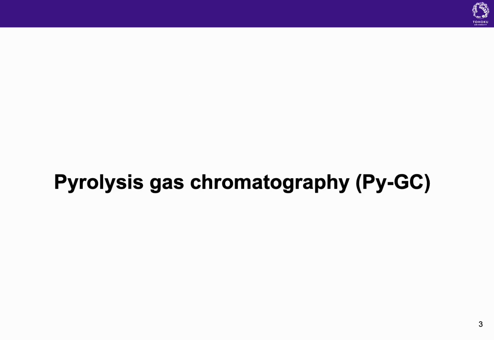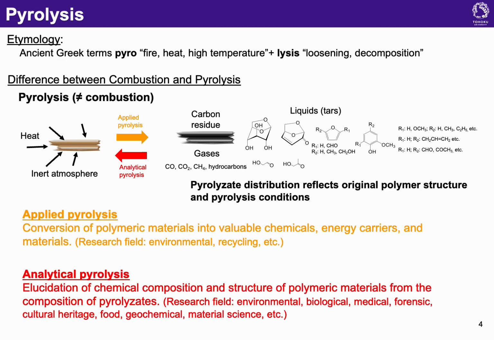Let me start talking about pyrolysis and pyrolysis gas chromatography. Pyrolysis involves the decomposition of polymeric materials which have low solubility, high molecular mass, and low volatility. Pyrolysis of polymeric materials produces smaller molecules by the application of heat alone in an inert atmosphere.